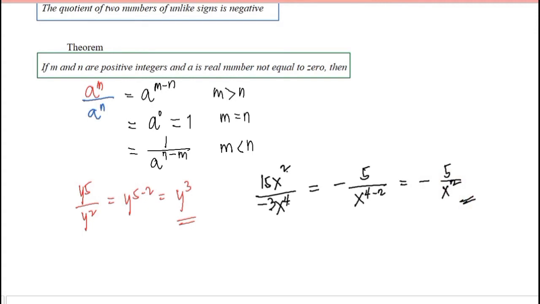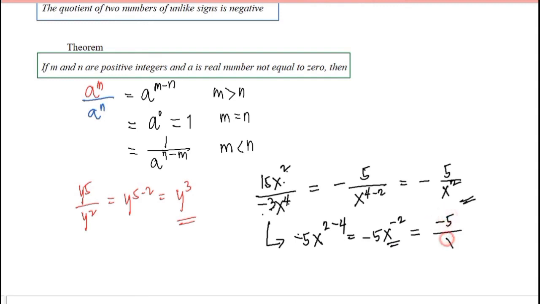We can also say that if we are going to divide 15 by negative 3, it's negative 5. And we can also say that this is 2 minus 4. And this would be negative 5x to the negative 2. Since our exponent is negative, to make it positive we move it to the denominator.